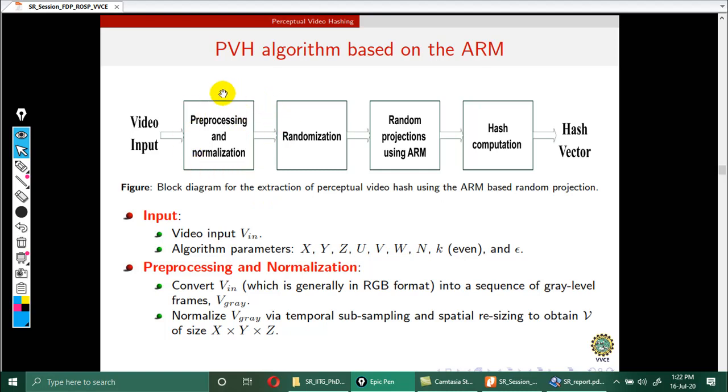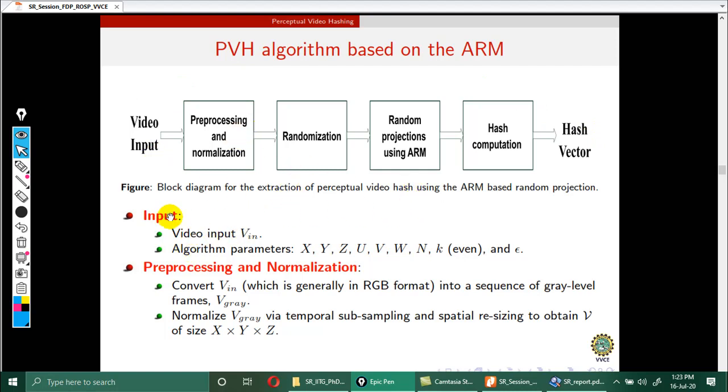We apply some standardization that includes pre-processing and normalization, randomize it, then apply the random projection technique using the Achlioptas random matrix, and then finally compute the hash. Then we have a digital signature, or a perceptual hash, or a video fingerprint. All these terms are used interchangeably in the literature, based on the perceptual content. That's the main thing. Let us go into detail.